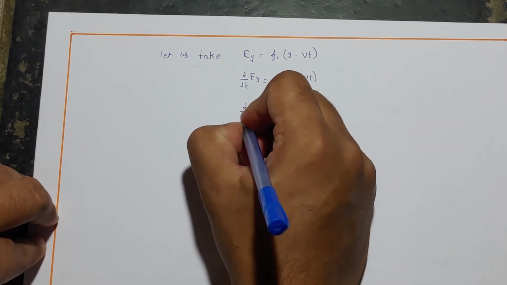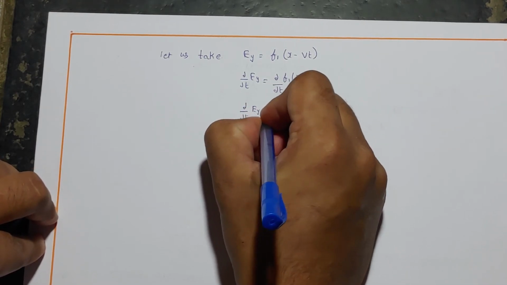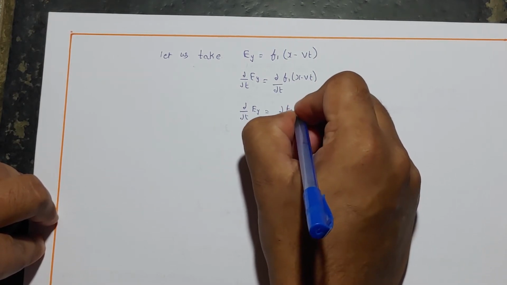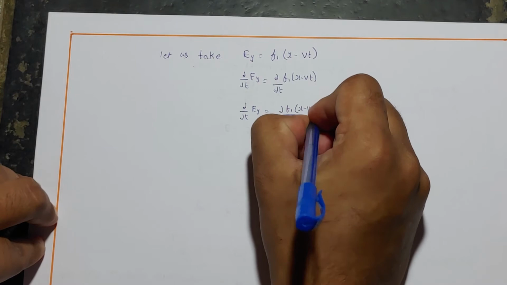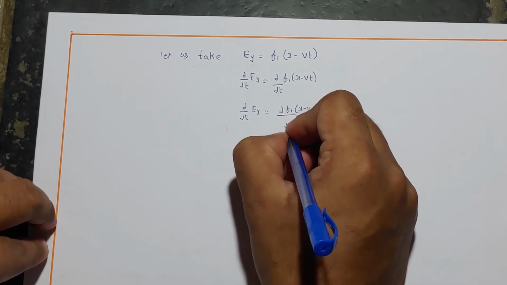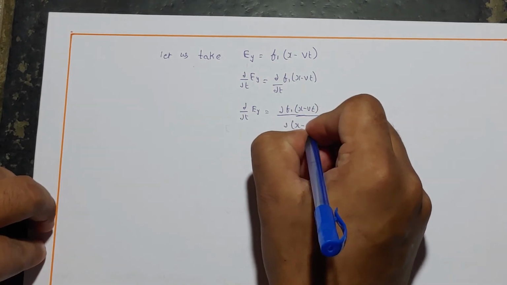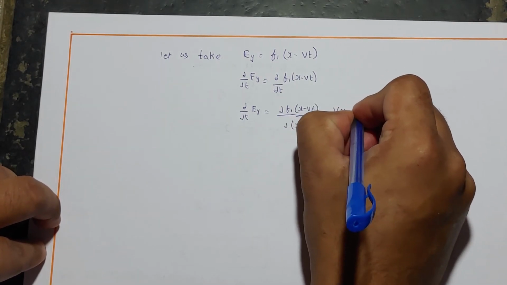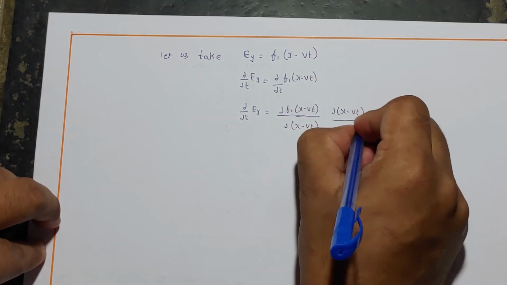So dou Ey by dou t is equal to dou f1 of x minus vt divided by dou of x minus vt, multiplied by dou of x minus vt by dou t.